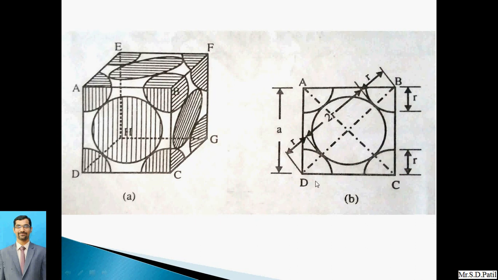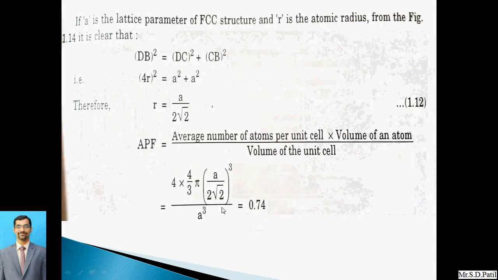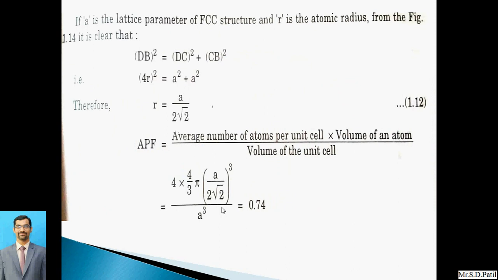So from this diagram, first of all we need to calculate the value of this a. What is the value of a or r? Anything you can calculate over here. In the closely packed structure, to calculate the APF, first we need the average number of atoms per unit cell.